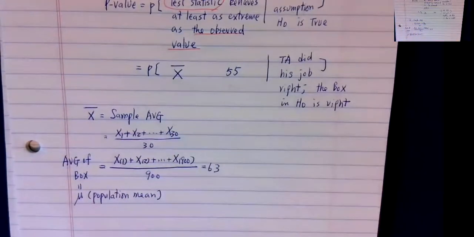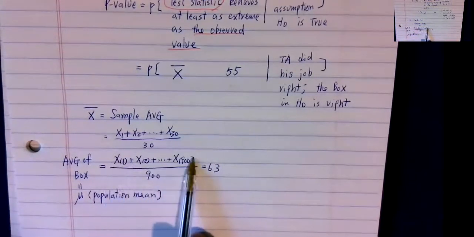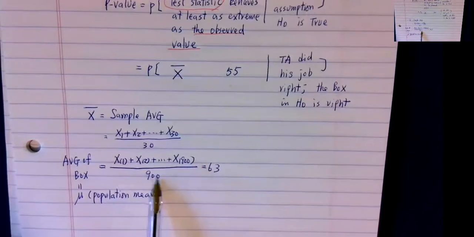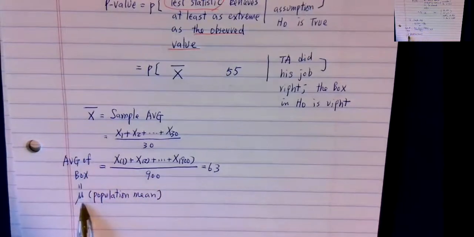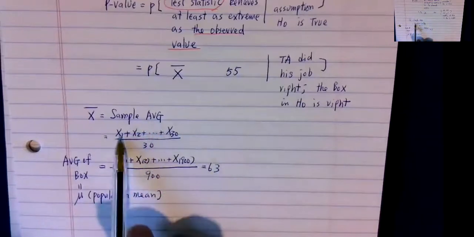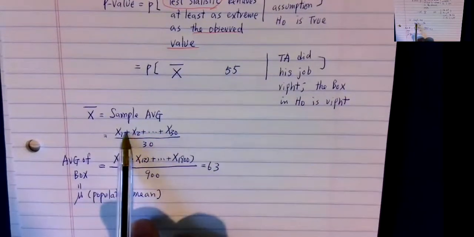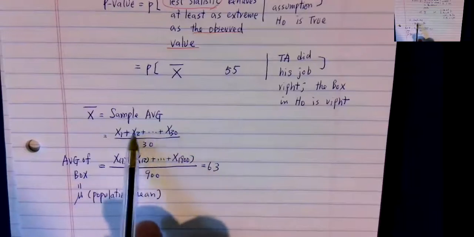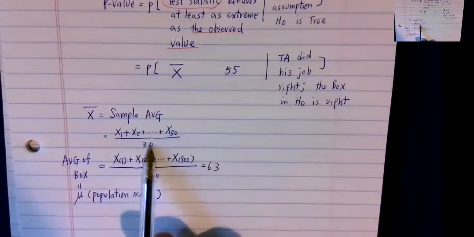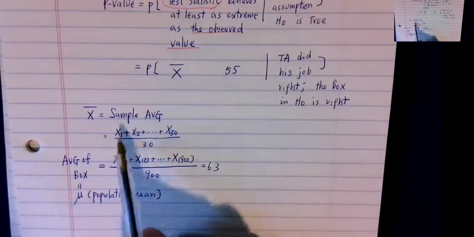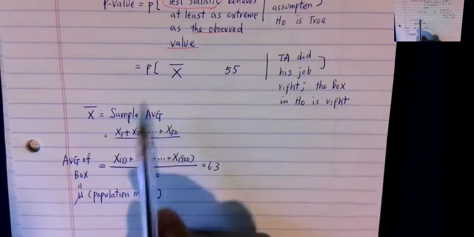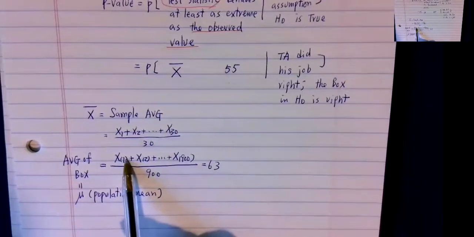This is the population mean: all 900 students' final scores added together and divided by 900. The average is 63, the average of the box, this 900 students' average final. And for the TA section, I randomly select 30 students, find their final scores, add them up and divide by 30. That's the sample average. Can you tell the difference? x1 is from the sample. x bracket 1 is from the population.